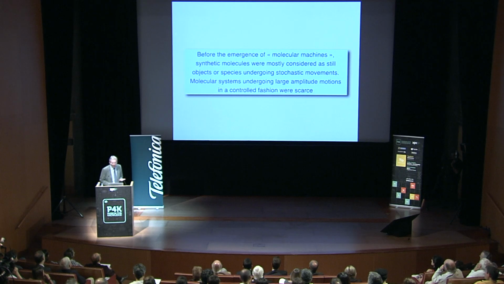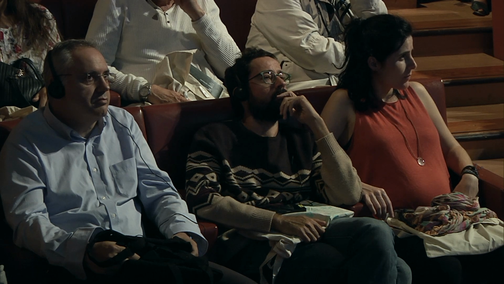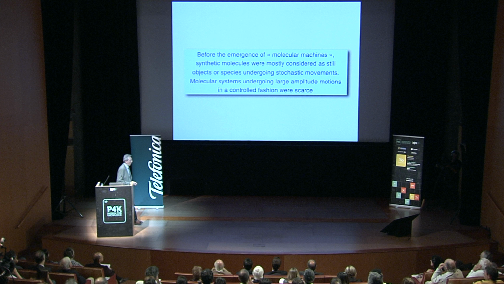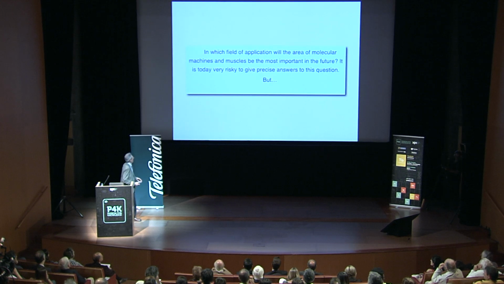So just to conclude, before the emergence of molecular machines, synthetic molecules were considered as still objects, as I already said, or objects undergoing random motion, and molecular systems undergoing large amplitude motions in a controlled way were basically unknown.